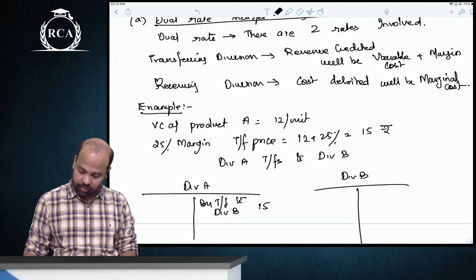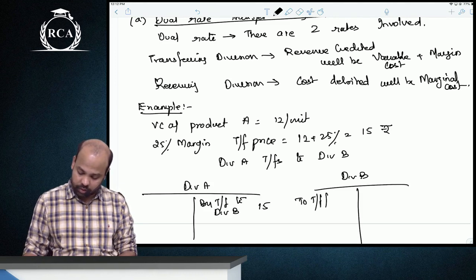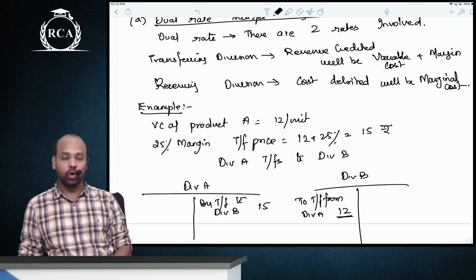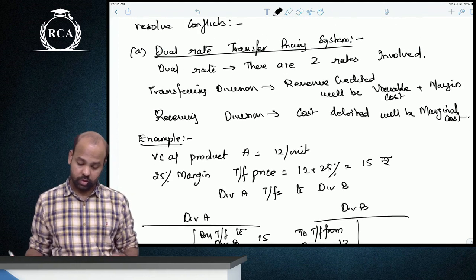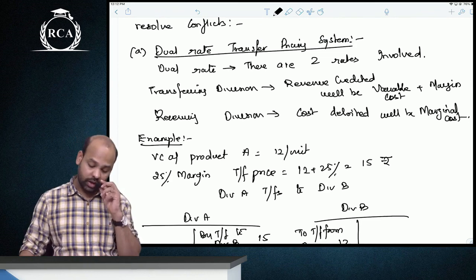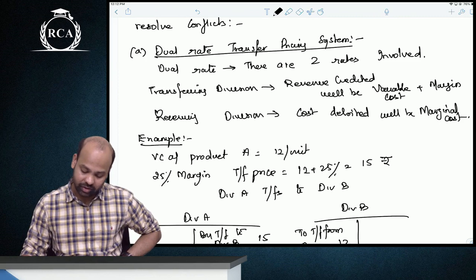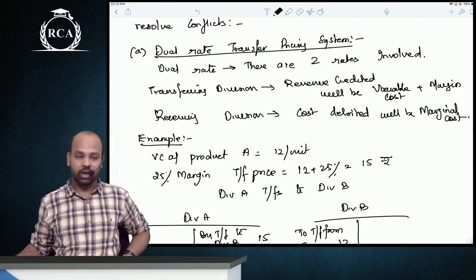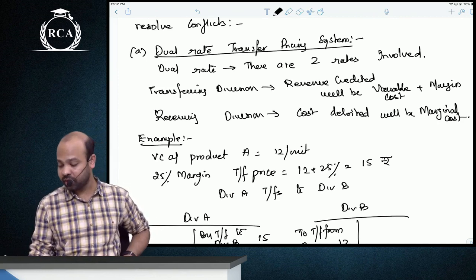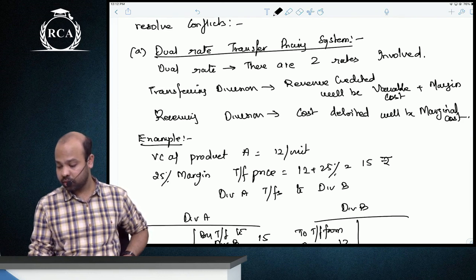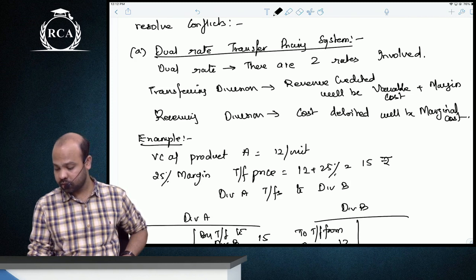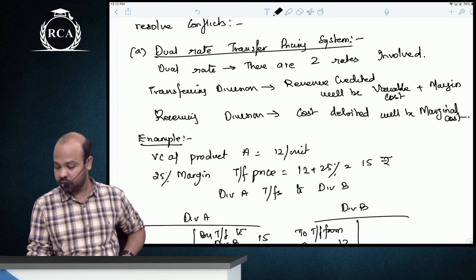Whereas division B will write to transfer from division A 12 rupees. I hope you're all writing this. Dual rate, two rates involved, transferring division, receiving division. Yes, guys.